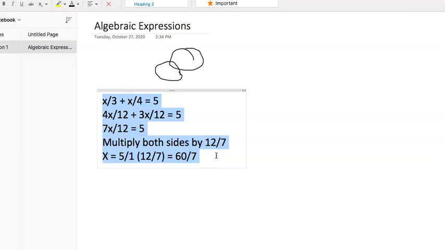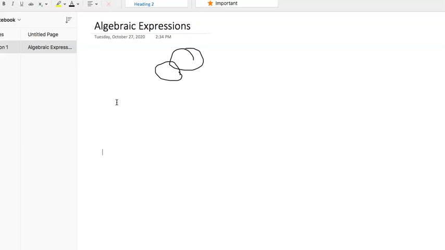And we got one more. Okay, we got x plus 4 divided by x equals 5.